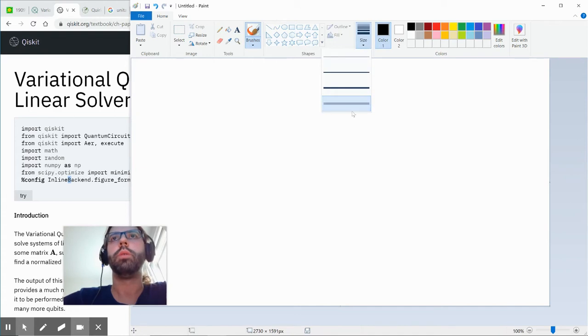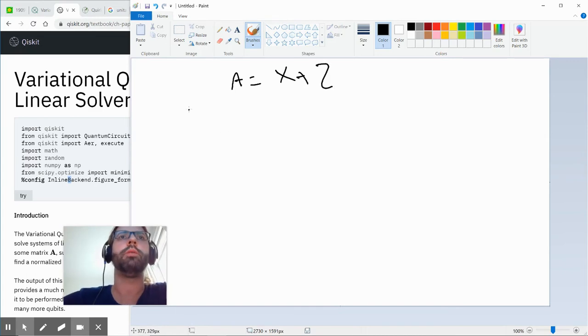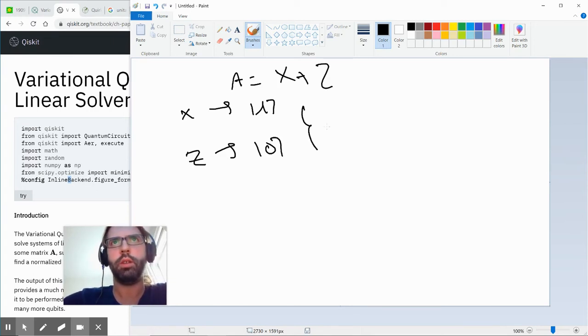So again, A is basically x plus z, correct? For x we found the state 1, for z we found the state 0, and so this means that our actual x, I mean, this is not really x yet, but something that's proportional to x.